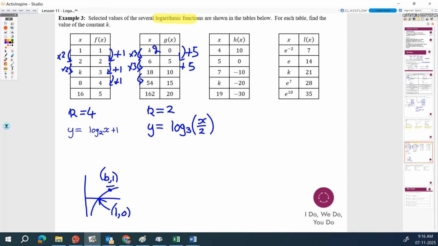If there was plus 5, we wouldn't be going through there. This one has to be multiplied by 5. We've got our 0 in the right place, so we don't have a vertical translation. So in that case, if we multiply by 5, we'll get this value.